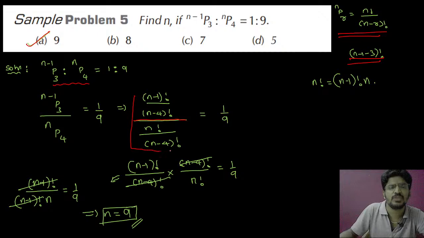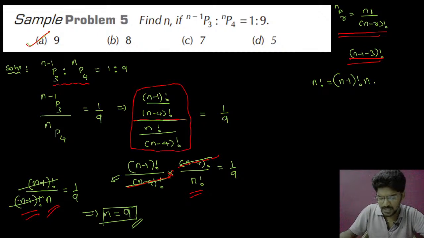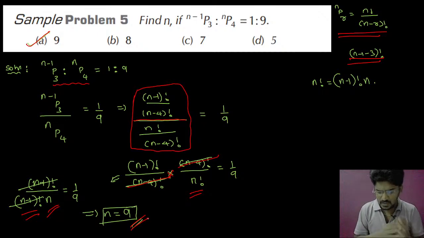You simplify this by taking n minus 1 factorial divided by n minus 4 factorial multiplied with n minus 4 factorial divided by n factorial. Cancel n minus 4 factorial, and you remain with n minus 1 factorial and n factorial. n factorial can be written as n minus 1 factorial into n. Cancel n minus 1 factorial, so that you have n equal to 9. So we got n equal to 9.